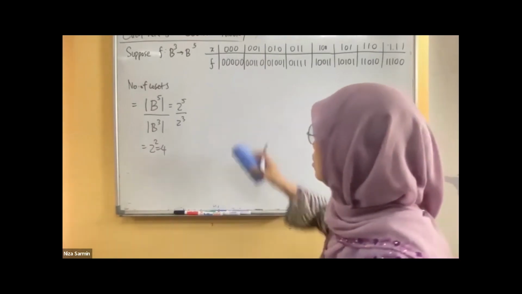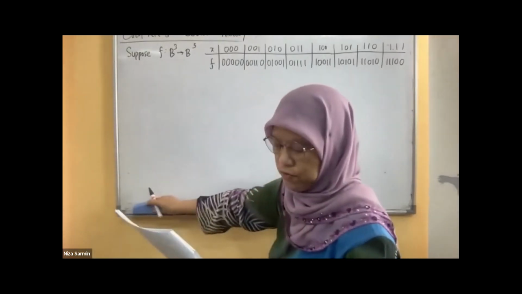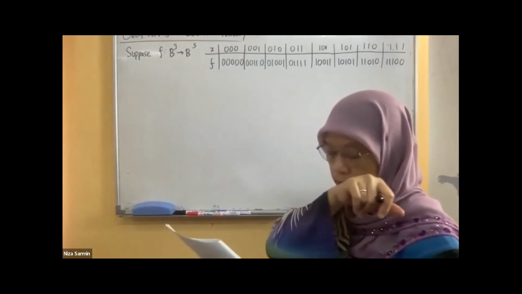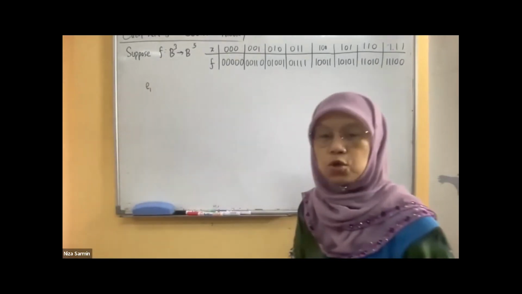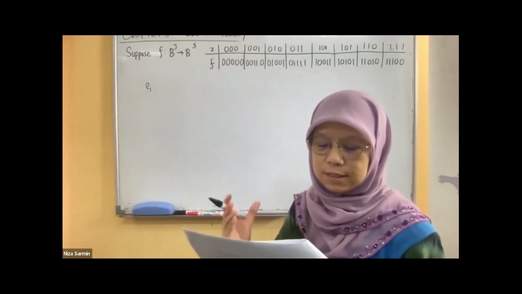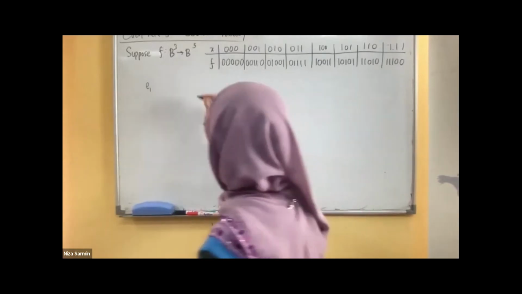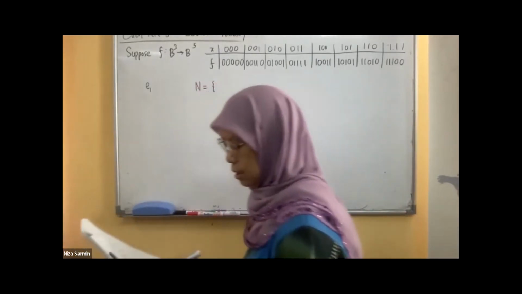Okay, now first we want to find the coset, right? Now the representative of the first coset will be the element with the least weight from n, because this is our n. So I write again the n.